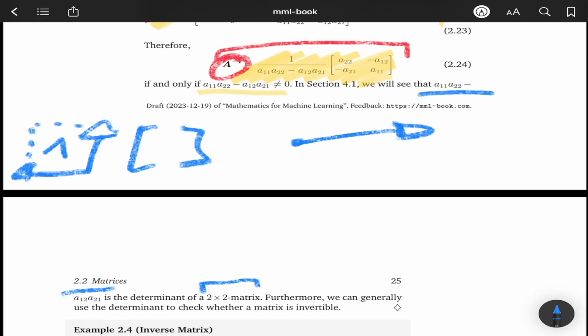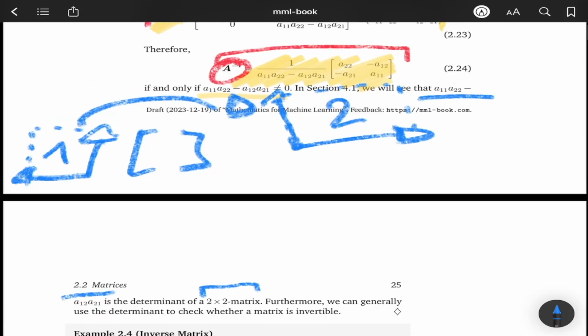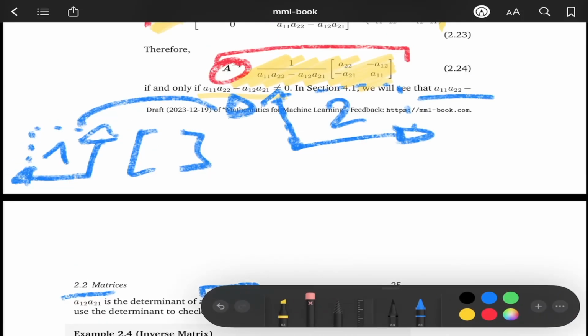Let's say there's a unit 1, and it's stretched into a plane of unit 2. This conversion from 1 to 2, I think, is the determinant. So it gives us a measure of how much space is stretched. This is what I remember.